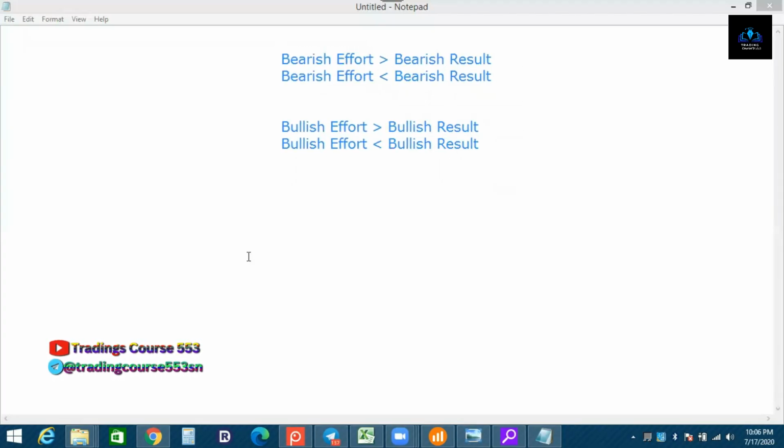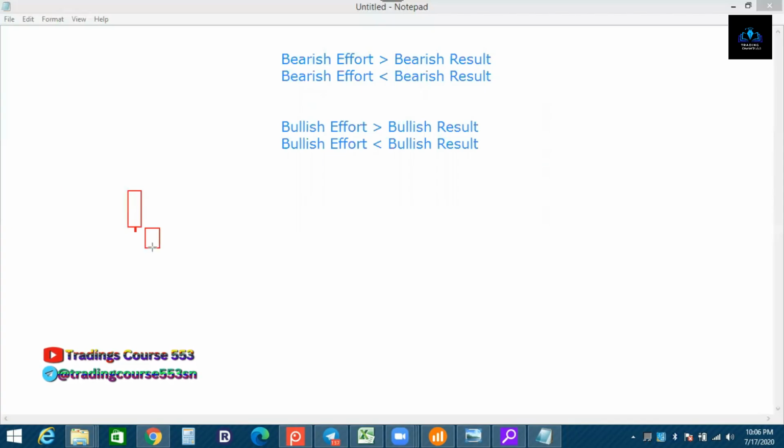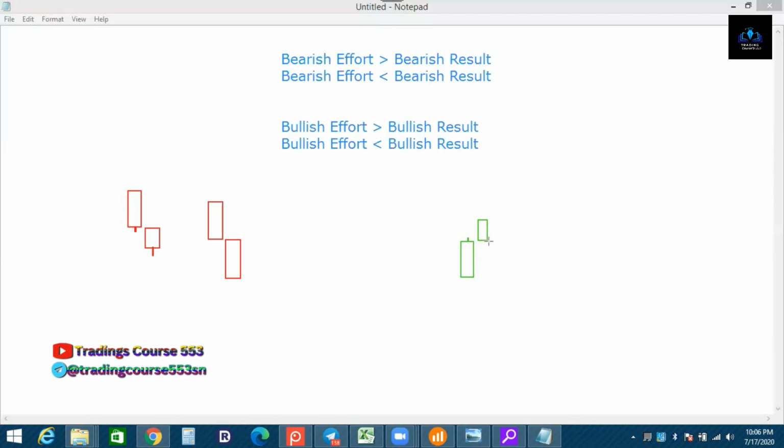So here, these are the patterns in the VSA. Just I show you, these are the patterns. So if two candles like this one is coming like this one, and like this one, and the two candles are going in an up direction like this one and like this one, and this one and this one.